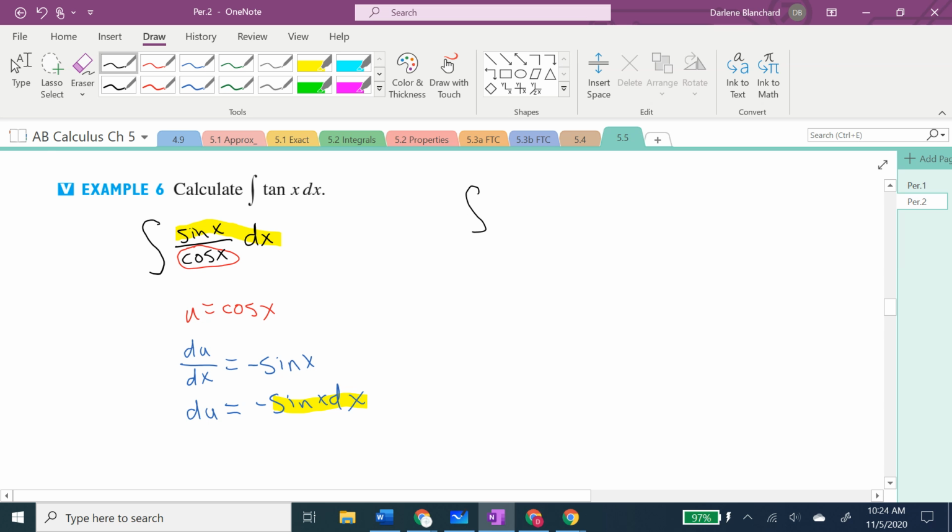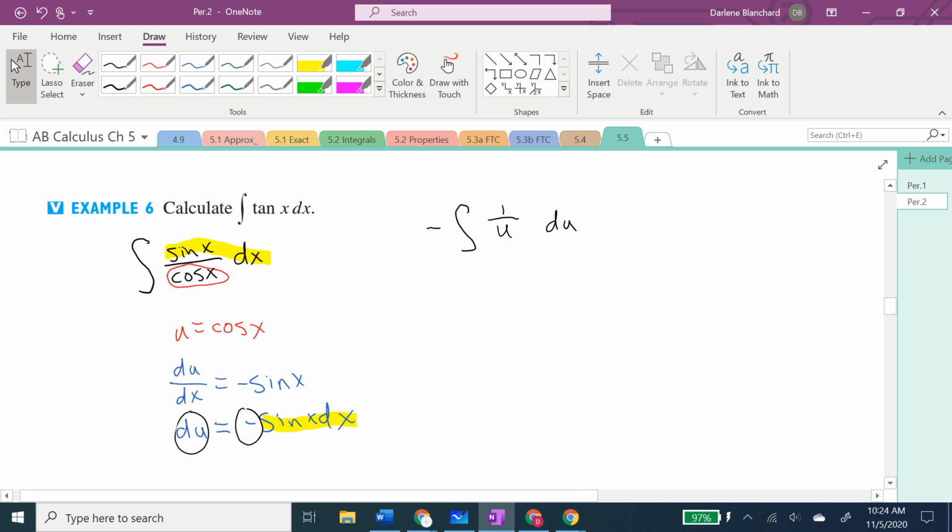So sine x dx is replaced with negative du, and I'm going to pull the negative outside of the integral. And then I replace cosine with u. And what is the integral of 1 over u? Natural log of absolute value of u.